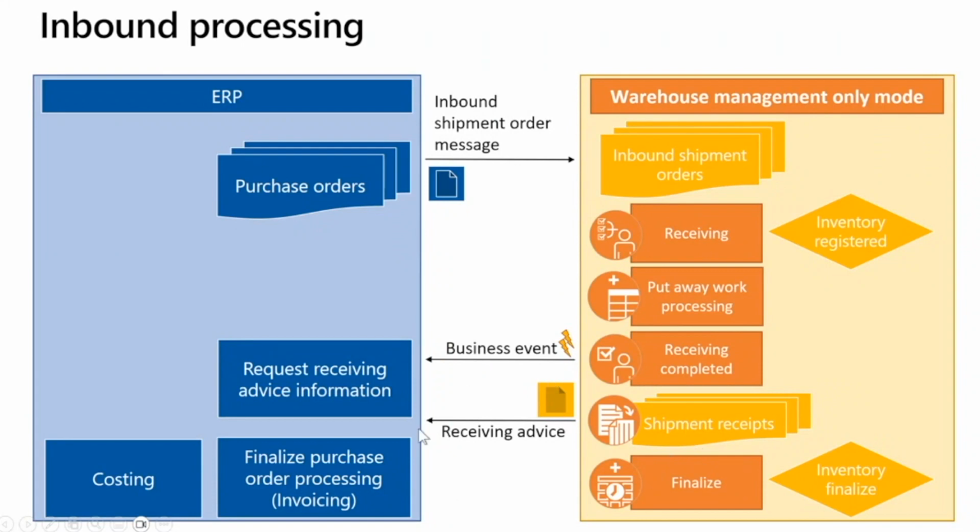And this is what the external system then will use for the finalization of their orders, like the invoicing and also whatever costing updates. If we compare this with D365 supply chain purchase order processing, the data around our shipment receipt will be used for the product receipt posting for the purchase order.